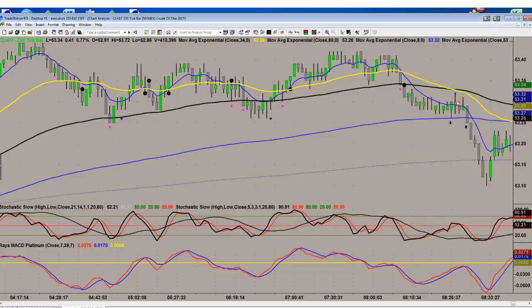By that time, the longer period stochastic is probably going to be moving down. In regards to a 5-period stochastic, which I'm going to discuss in a future seminar, basically a webinar on stochastics, stochastic is not going to assist you at all in regard to these trades right in here.